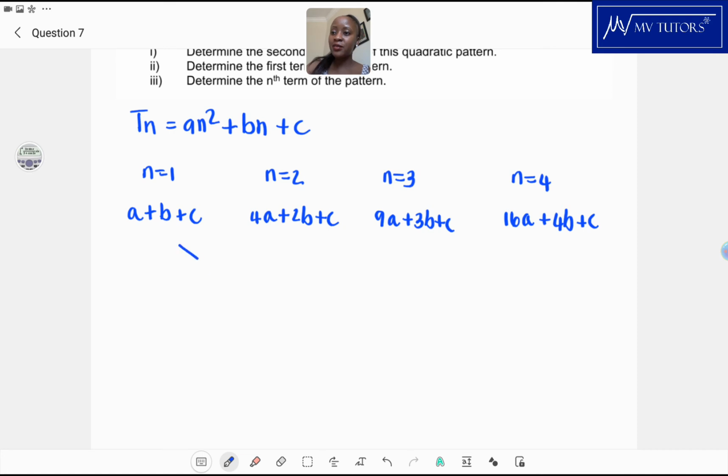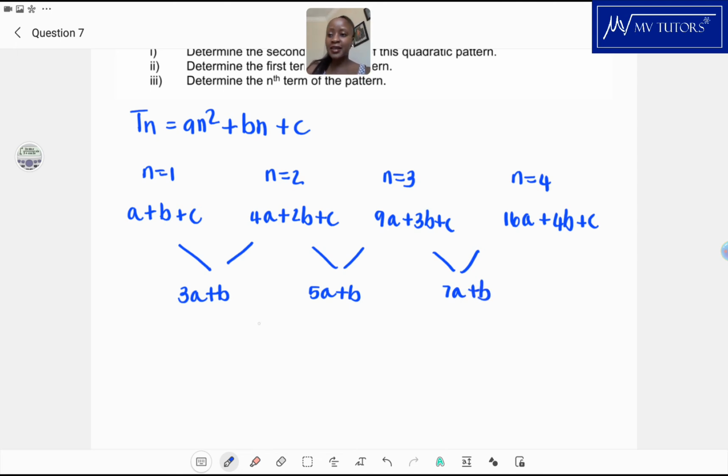And then to get my first difference, I would subtract the second term minus the first term. So 4a minus a, I would have 3a. And then 2b minus b, I would have b. And then the c's cancel. Then I have 5a plus b. And then I have 7a plus b.